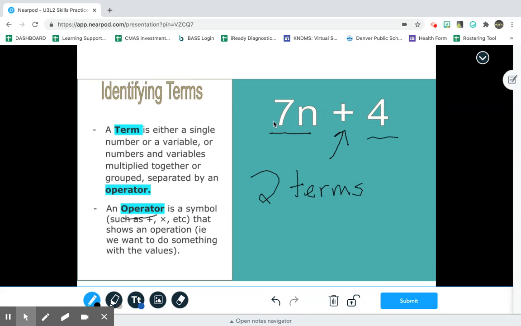Now we'll get more into what this 7n means, but for the purposes of just terms, we group this 7n together. It is actually combined. It is 7n. It is not 7 and n. It is 7n together, which is why it's a term by itself. You will see some more examples of different types of groupings that will also be considered a term on their own. So let's do some more practice.